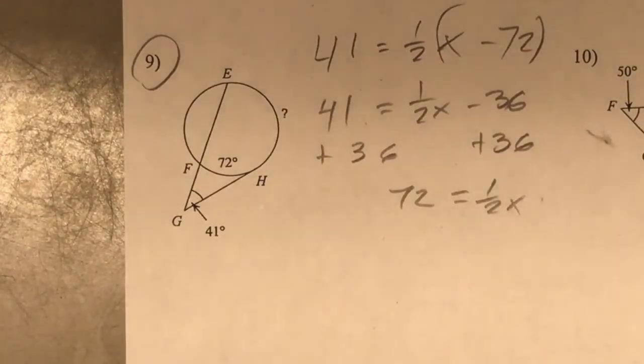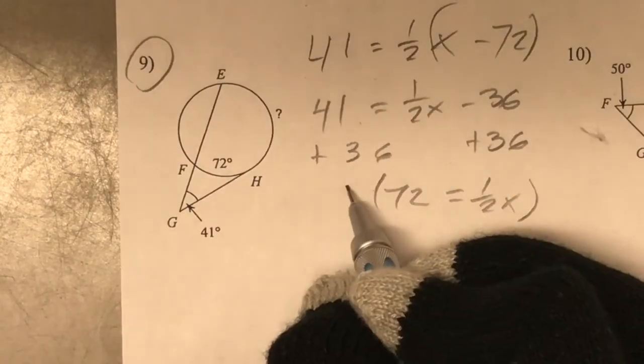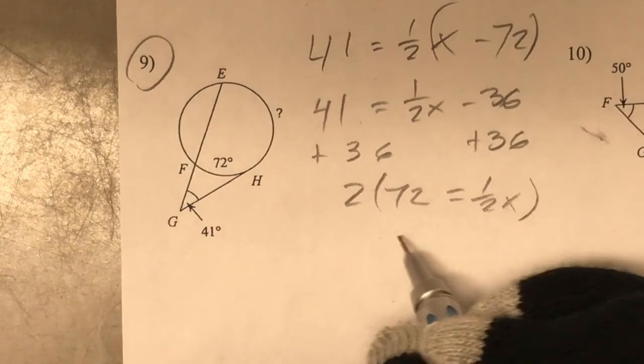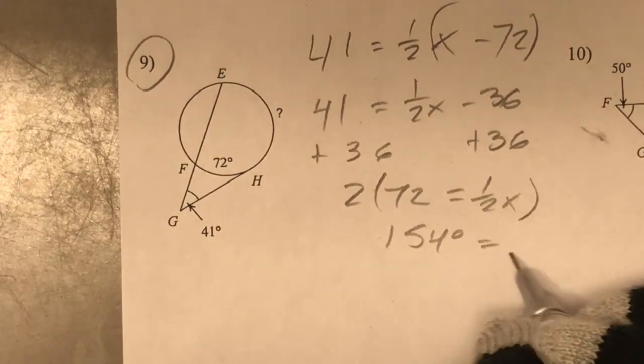And right here, as before, you can either divide by 1/2 or, what I think is usually easier, multiply by 2. And you'll get 154 is equal to x.